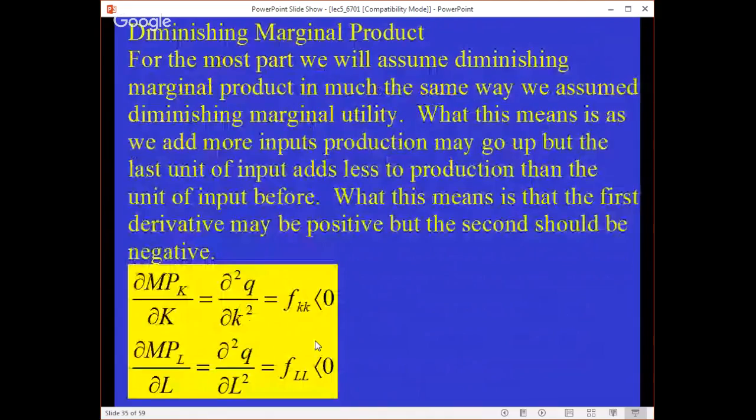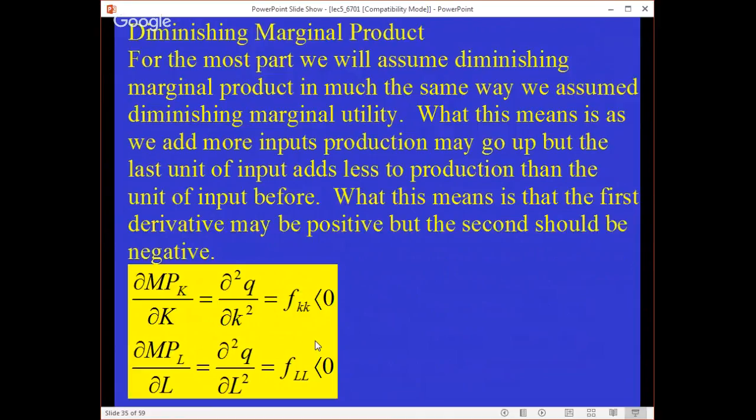Okay. That brings me to diminishing marginal product. Just like we had diminishing marginal utility, here we have diminishing marginal product. And for the most part, we're going to assume diminishing marginal product in the same way we assume diminishing marginal utility. What this means is when I add more inputs, production might go up, but production is going to go up for each unit of input that I add less than the unit of input added before it.